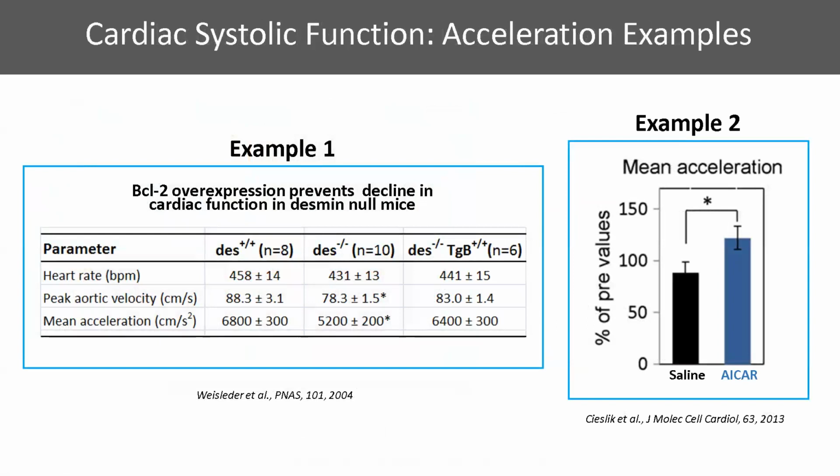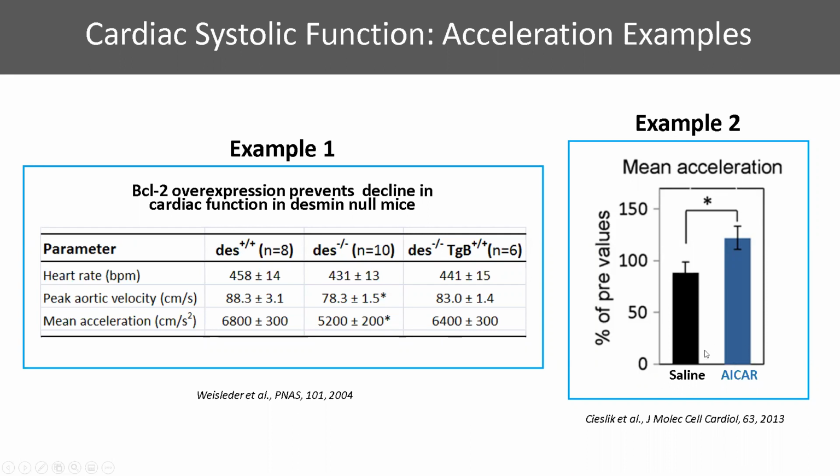Moving on, this is an example showing the restoration of peak aortic velocity and mean acceleration to normal levels in null mice at 8 months of age.